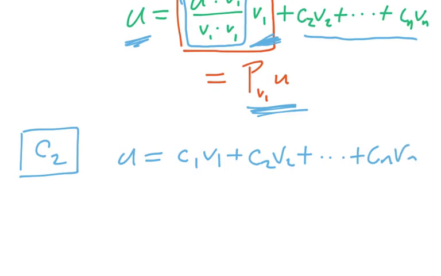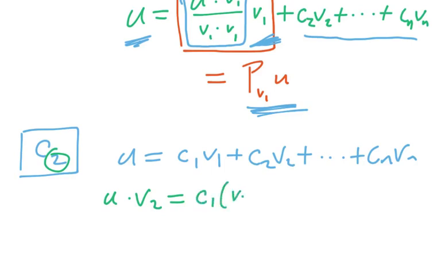Do the exact same thing we just did, right? Let's go ahead and dot on both sides by V2 now. And again, the 2 is because I'm trying to isolate C2. So u dot V2. Everything is going to cancel here, except C2 V2 dot V2.